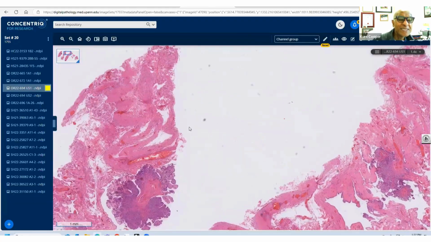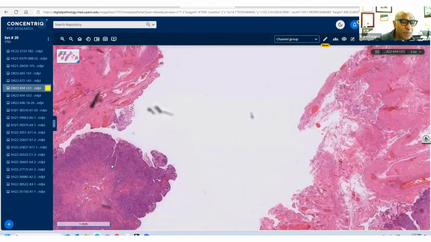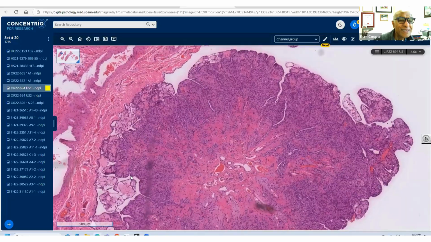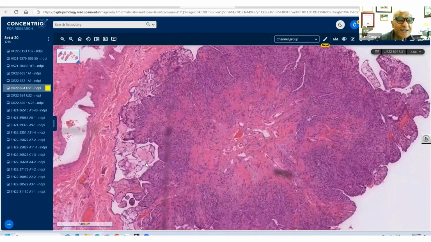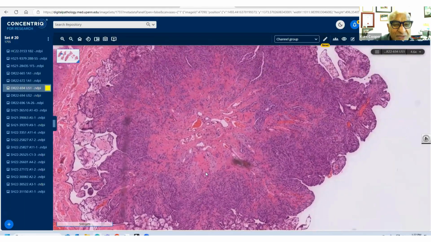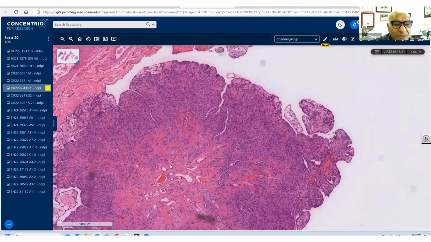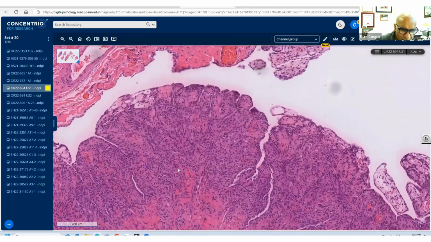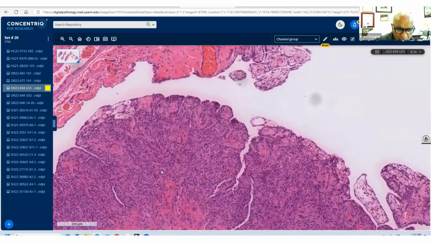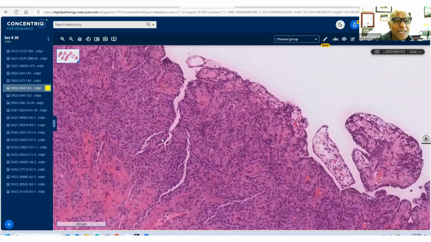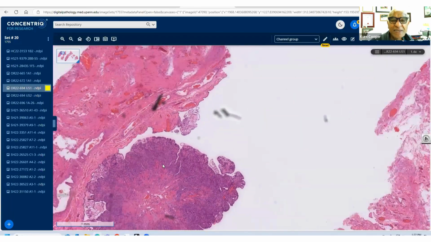You can see these closely opposed to the base of this area. Pretty blue. High power. This is slightly thick or maybe overstained. Let's find one that is a little more cytologically evident. There we go. Nice.